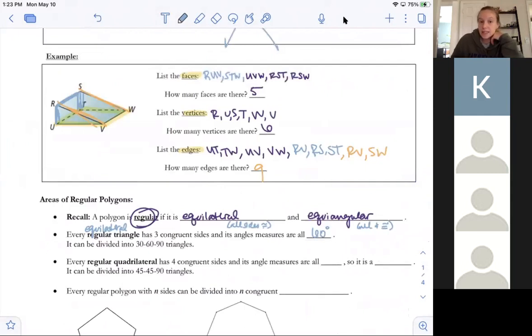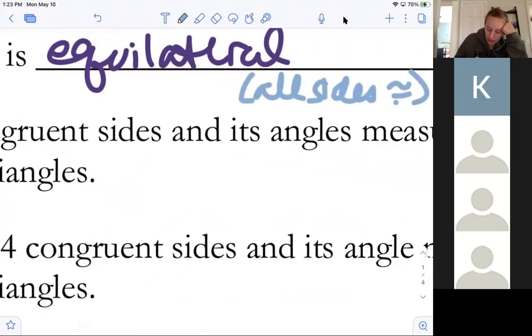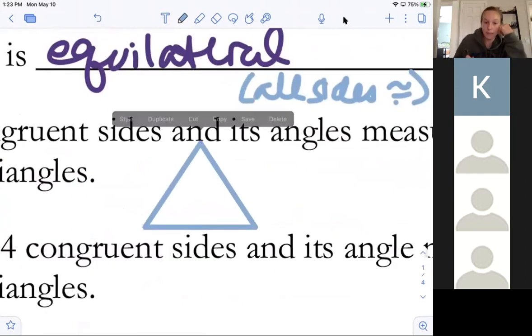Once you have a 60-degree triangle, an equilateral, equiangular triangle, we can divide that into 30, 60, 90 triangles. So we had to learn special right triangles before we could get into 3D shapes because we're going to use the concept of special right triangles here. So let me draw a picture. Let me make this an equilateral triangle.